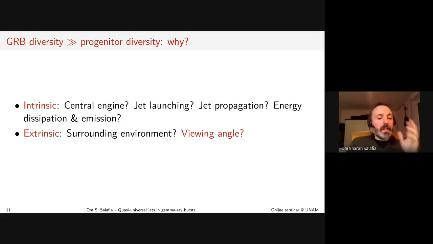An attractive alternative possibility, though, is that there are some extrinsic reasons why we see this large diversity in GRBs.